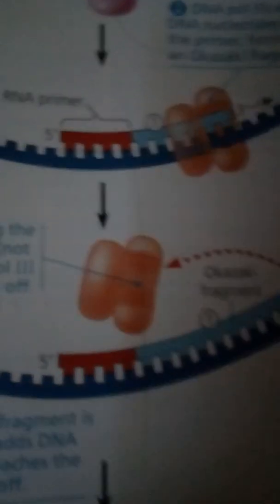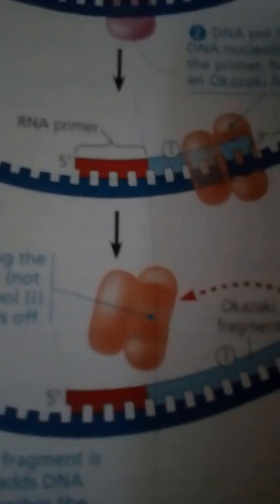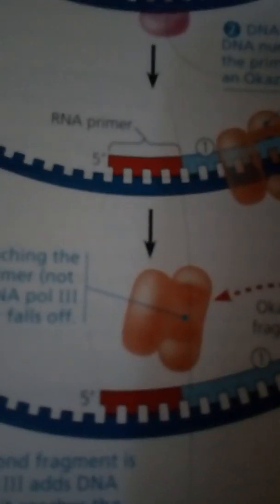The primer is a short stretch of RNA with an available free end, and an enzyme called primase can start an RNA chain from scratch. Primase joins RNA nucleotides together one at a time, making a primer complementary to the template strand at the location where initiation of the new DNA strand will occur.